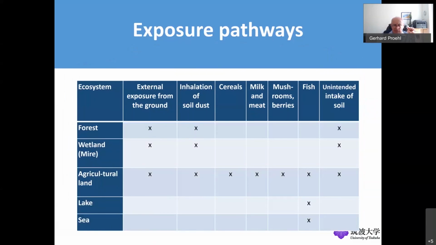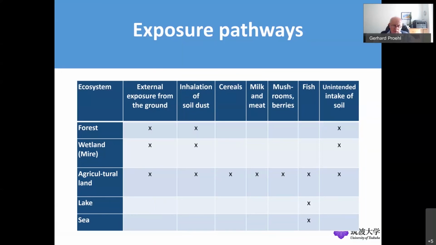Here is a table showing which exposure pathways are considered for which ecosystem types. For example, for the agricultural land, there is external exposure from the ground. We have ingestion of cereals, of meat, milk, mushrooms, fish. For the sea, of course, you have only ingestion of fish, or the same with the lake.